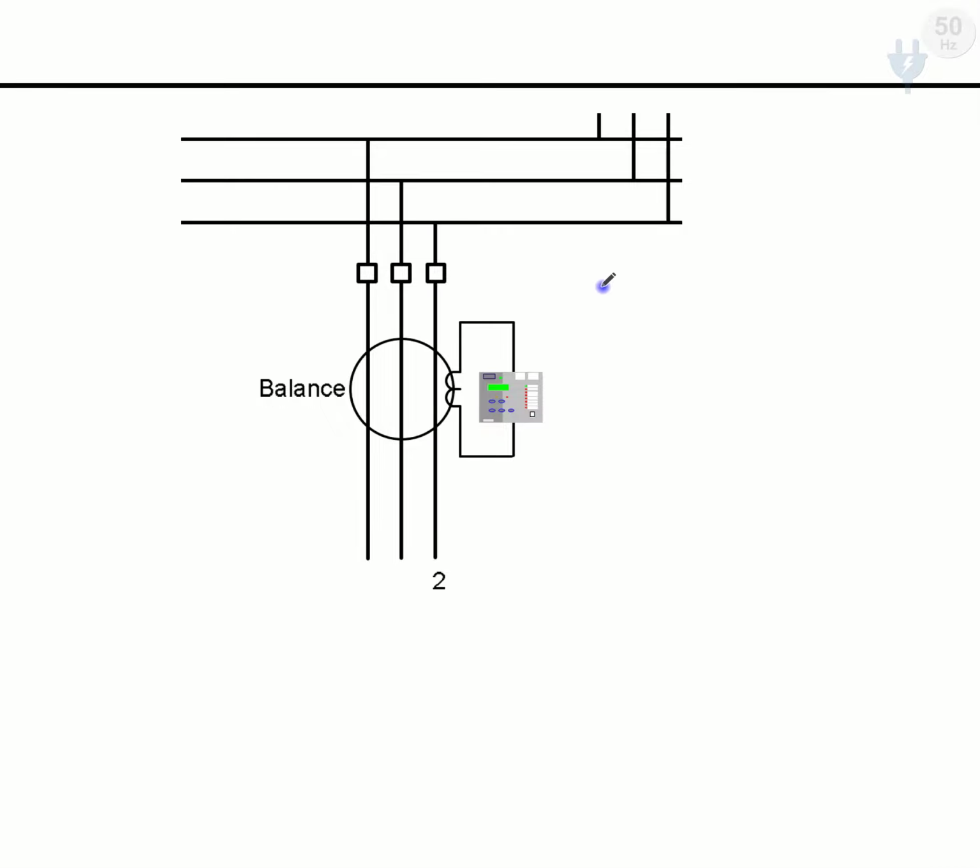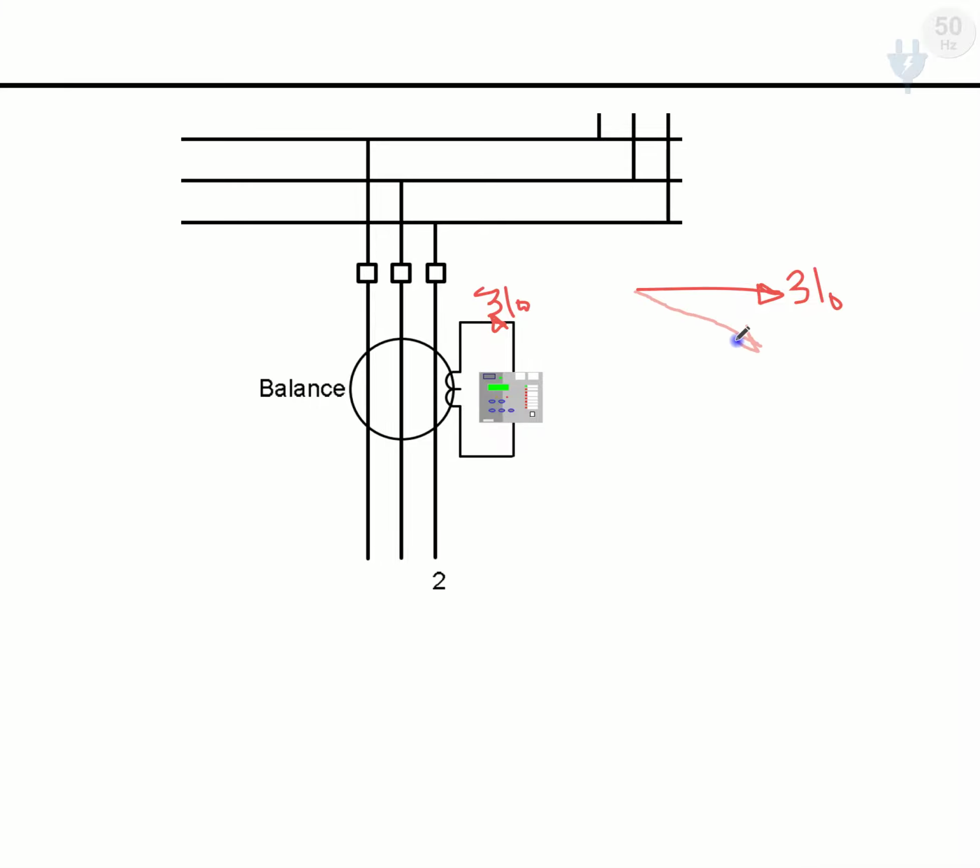Suppose in the normal system we have a 3I0 zero sequence current like this. But we know that we measure this 3I0 from the core balance transformer, and this value may be deviated by some angle.